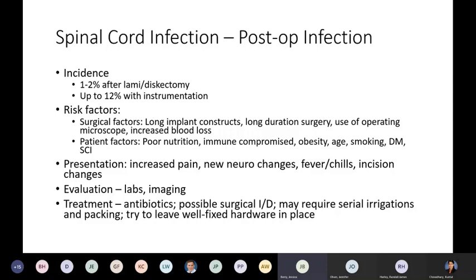In general, antibiotics of some degree will be appropriate. They may require I&D or serial irrigations and washout and packing. In general, the general wisdom is if the patient has well-fixed hardware to try to leave it in place. But if someone has issues with really serial or progressive infection, then sometimes they have to progress to hardware removal and replacement.